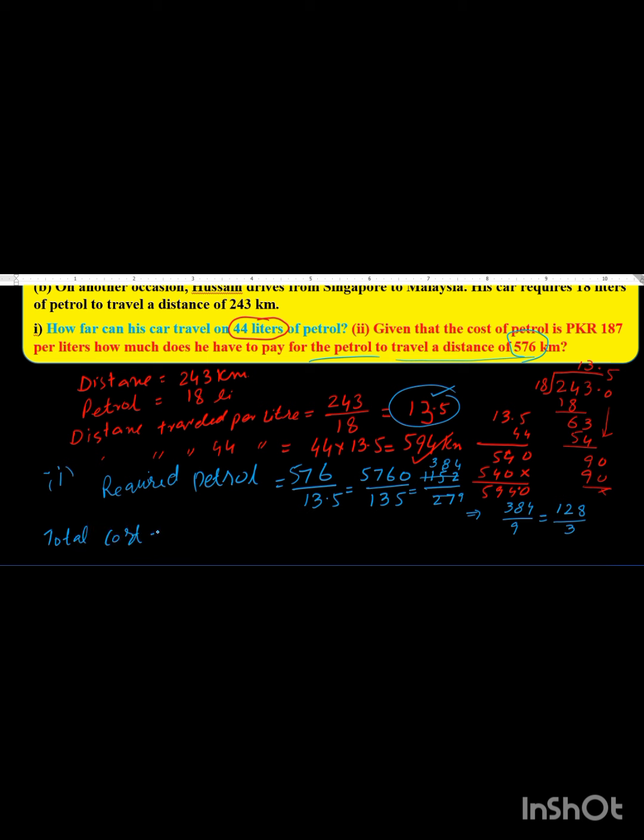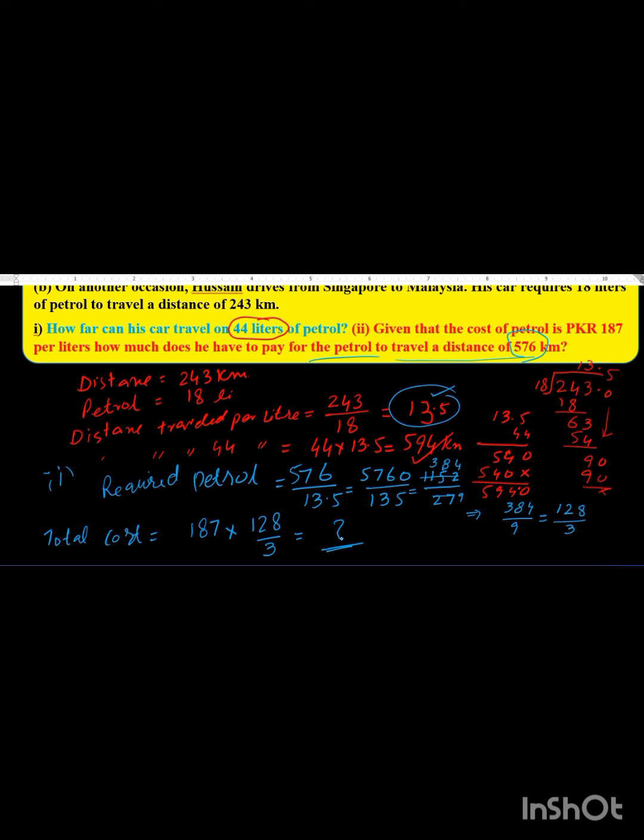The cost of petrol per liter is 187. So 187 multiplied by 128 divided by 3. You can multiply, simplify this with the multiplication and then further by the division. You can do it yourself and get your answer, right?